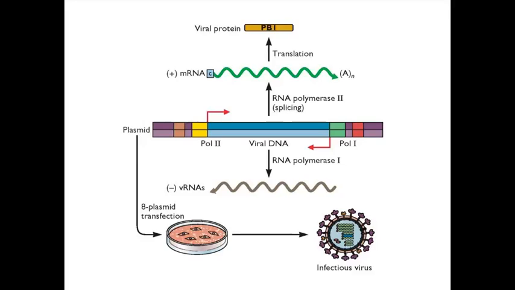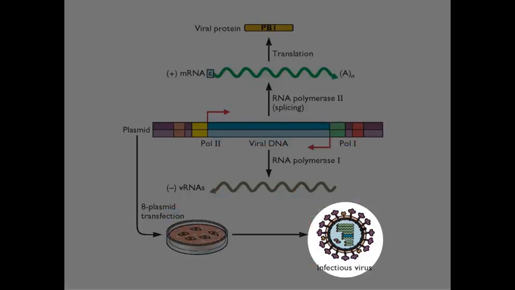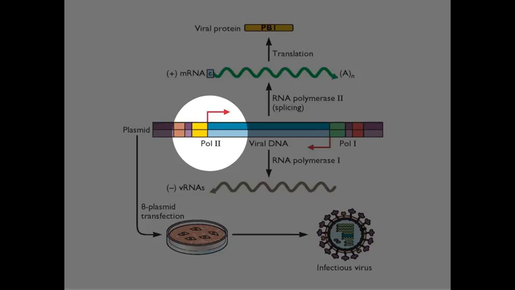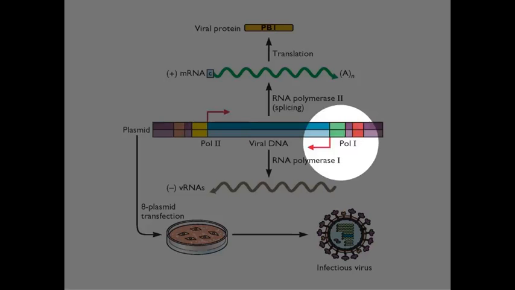This is the way you do it for influenza virus. I show you this because I want to tell you what was done with this technique. Influenza virus has 8 RNA segments. So you have to make a plasmid for each of the 8 RNA segments. And these plasmids are very trickily made. They actually have 2 promoters in them. A Pol II promoter going in one direction and a Pol I promoter going in the other.